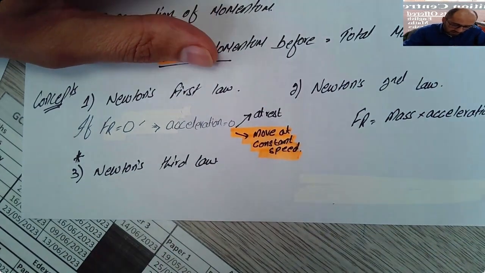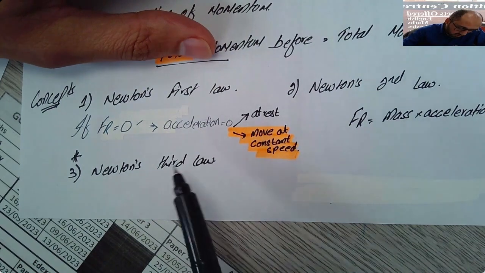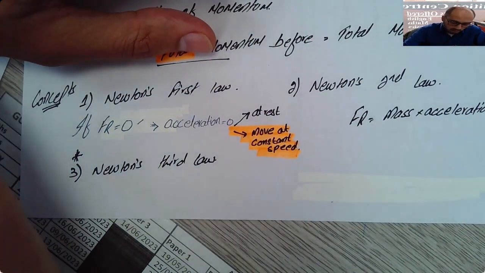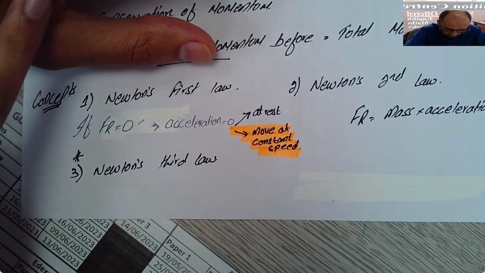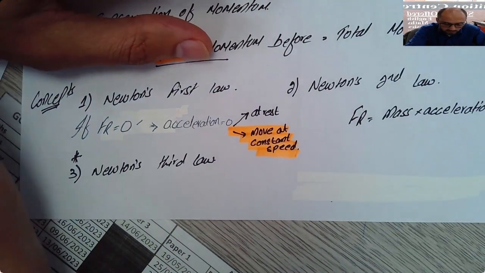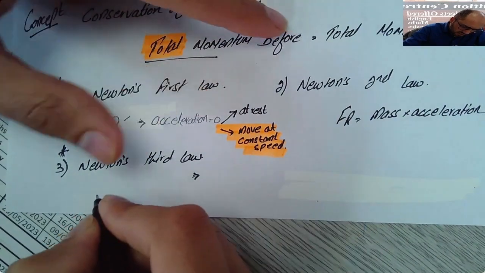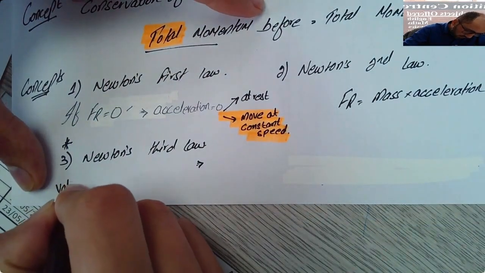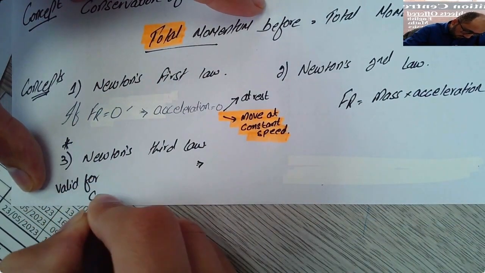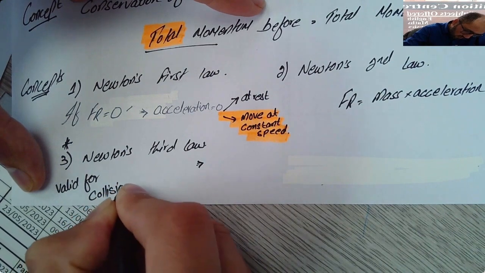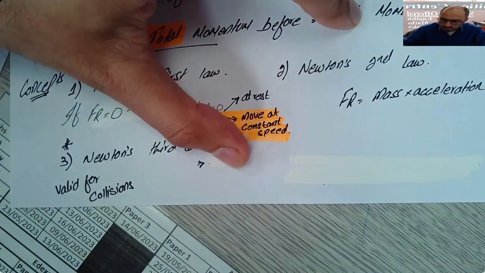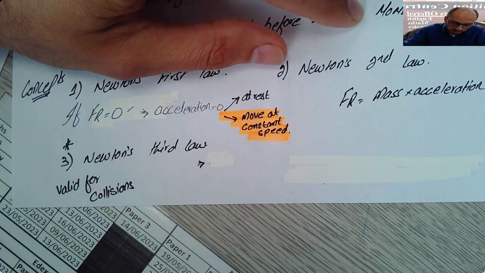Let's quickly have a look at Newton's third law. This is of immense importance to us because very frequently questions will appear on this, right? This is valid for collisions. It says every action has an equal and opposite reaction.